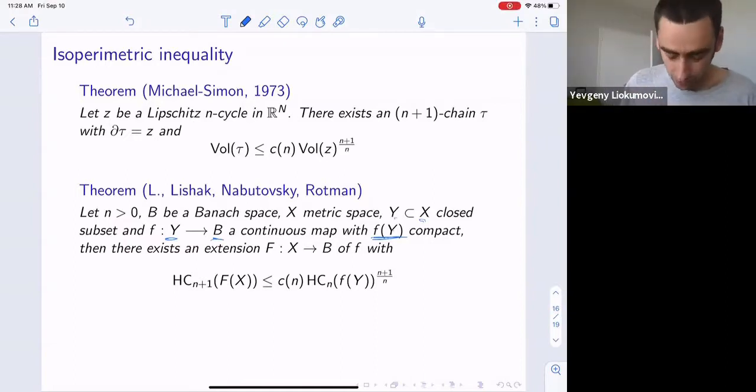If it is zero, then we can make an extension with arbitrarily small n plus 1 Hausdorff content, but there's no nice compactness here, so maybe not necessarily zero.